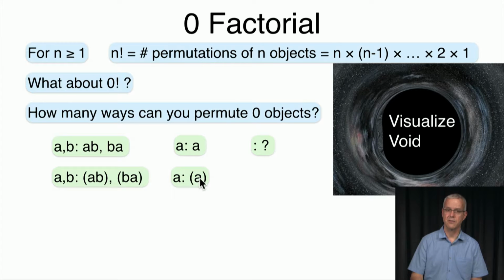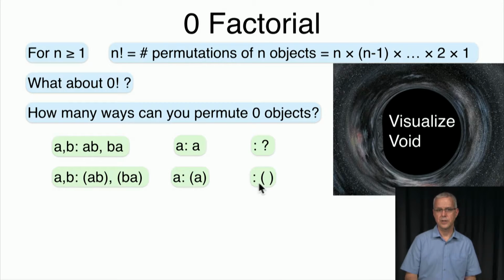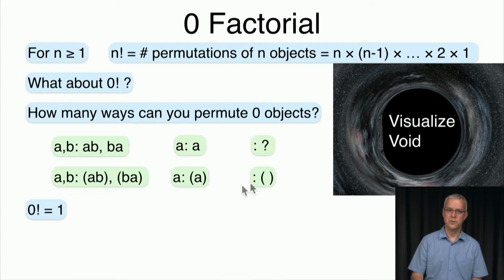How many tuples we can have that have A. And if we are looking at the empty set, then this is the only tuple that we'll have. It's just the tuple that contains nothing. Okay, and clearly there's exactly one such tuple. There's just this tuple, just like here there's one tuple. So therefore, the number of these tuples, 0 factorial, is exactly 1.